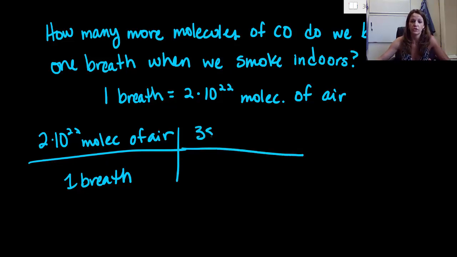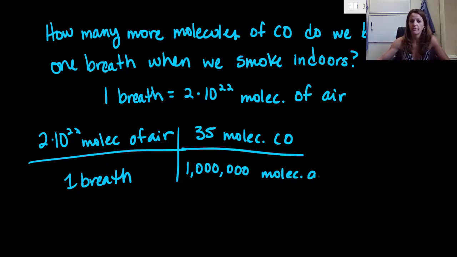So we know there's 35 molecules of carbon monoxide for every million molecules of air. So over 1 million molecules of air. Now, molecules of air is going to cancel out because one's on top, one's on bottom. We're left with molecules of carbon monoxide per one breath. Perfect, that's exactly what we're looking for.